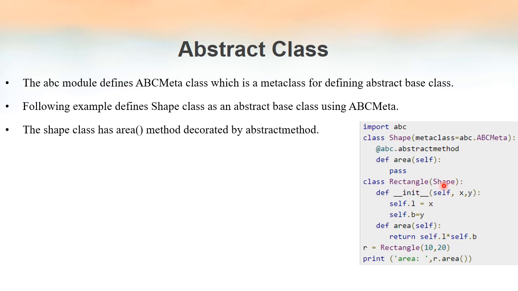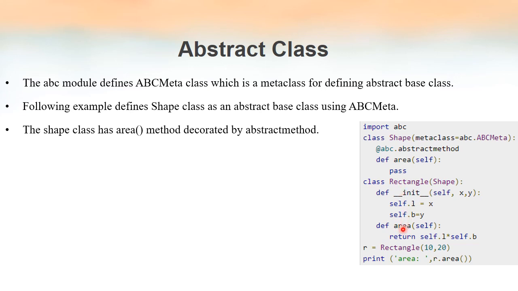Now Rectangle is the child class of class Shape, and Shape is an abstract class because Shape is declared as abstract as well as it contains an abstract method area. So now it is the responsibility of the class Rectangle to provide the implementation of that abstract method. If the class Rectangle does not provide the implementation of the abstract method area, it will lead to an error.